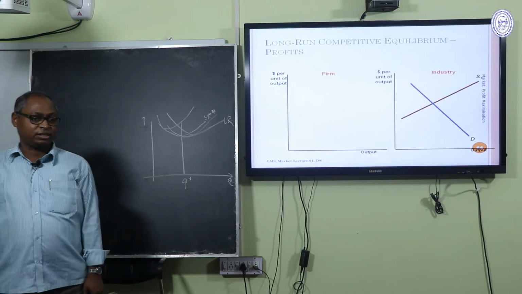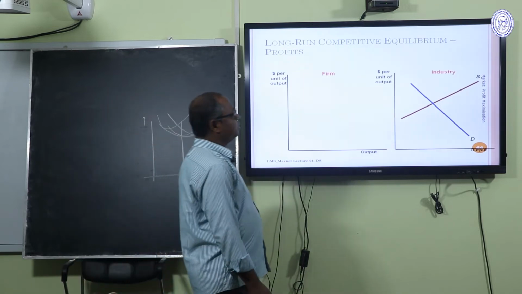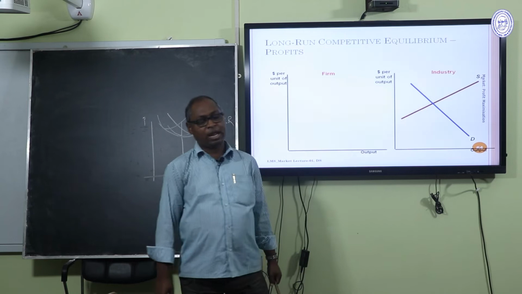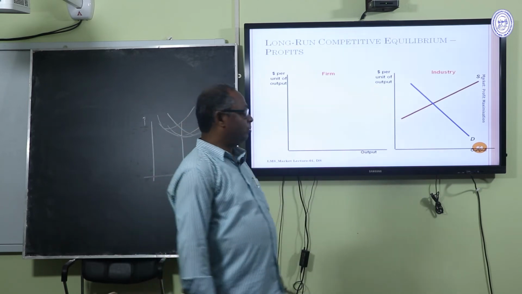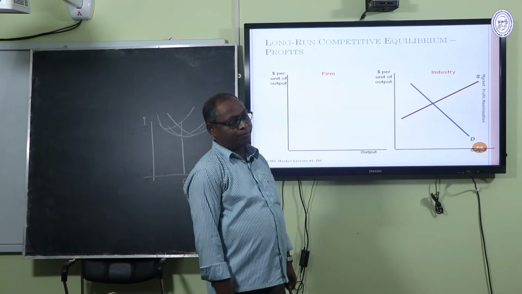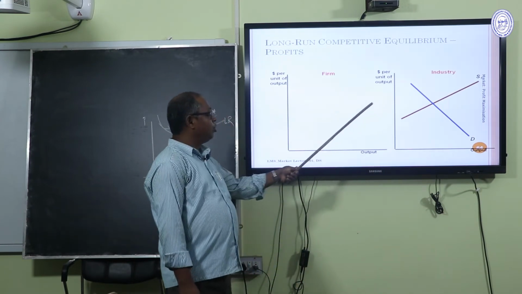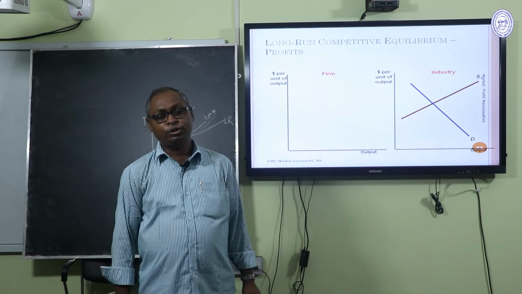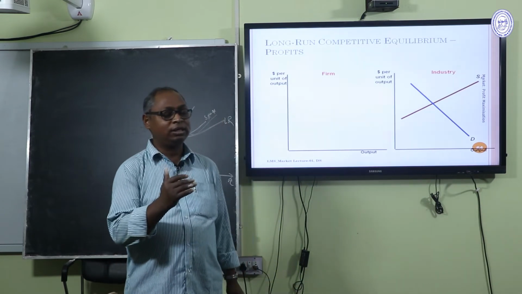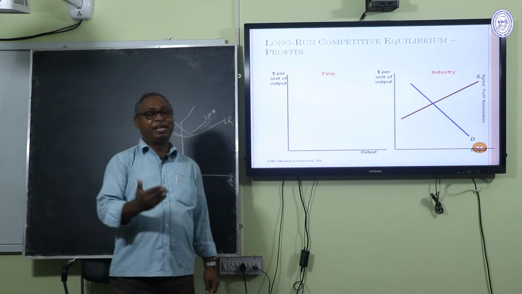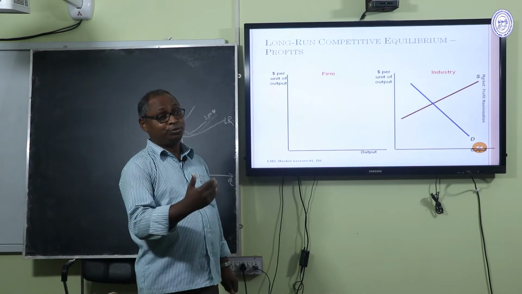So this is the industry, a perfectly competitive industry where there is a supply curve and a demand curve, and demand-supply interaction will give the equilibrium output and equilibrium price. And for this equilibrium price, the farm's interaction in increasing or decreasing its profit comes with free entry and free exit behavior.